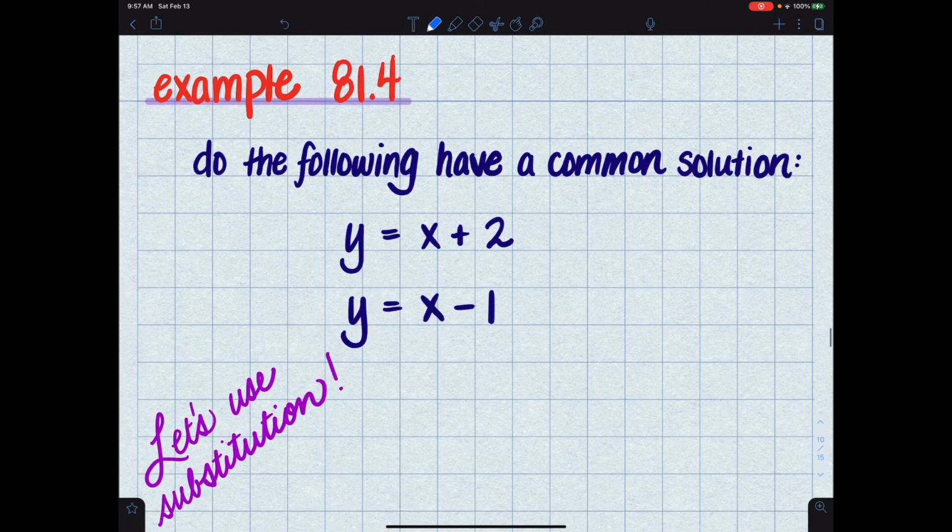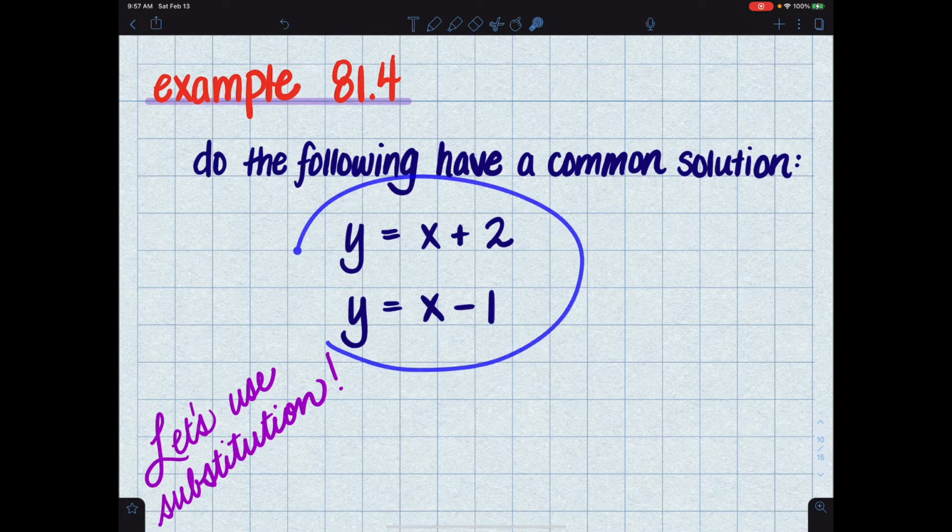Let's do example 81.4. It says, do the following have a common solution? So now they're not telling you, this is a teaser. Are these parallel lines or are they not parallel lines? We don't know because they're not graphed out, but let's just do the substitution method and see if we can figure out if they have a common solution.